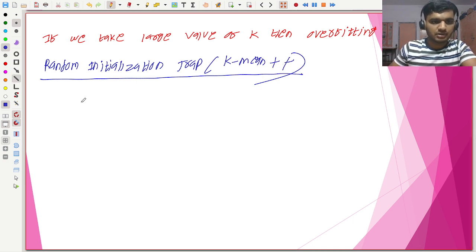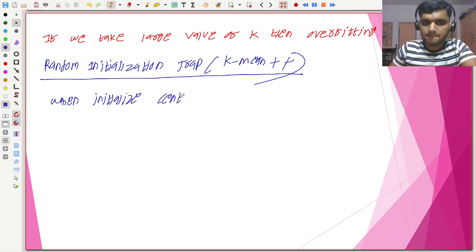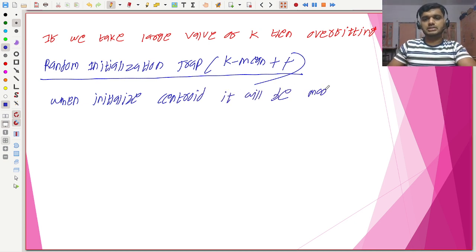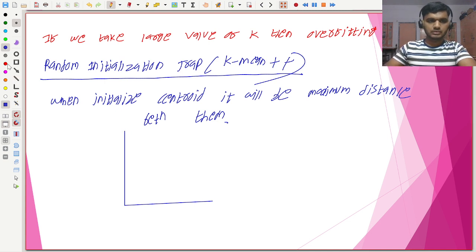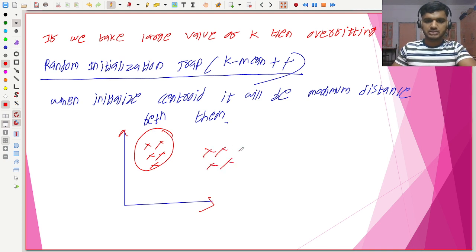When we initialize centroids, they should be at maximum distance from each other. Suppose you decide the centroids like this, and there are clusters here.